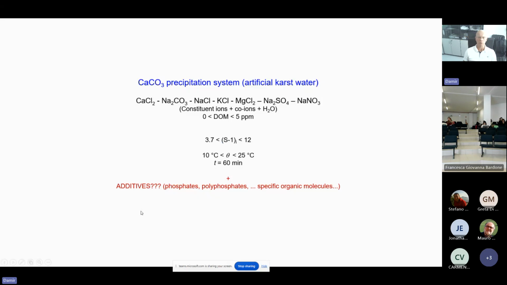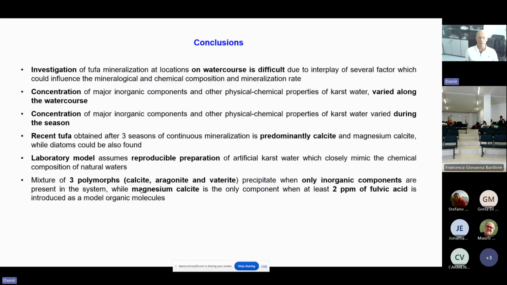In such a system, it's possible to investigate the addition of additives which can change the properties of tufa, which may inhibit this process or somehow accelerate it.